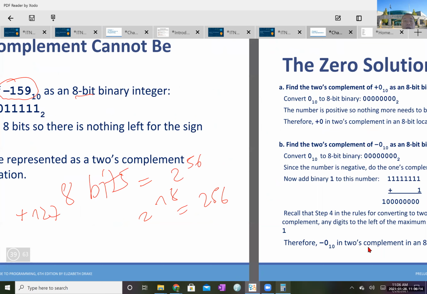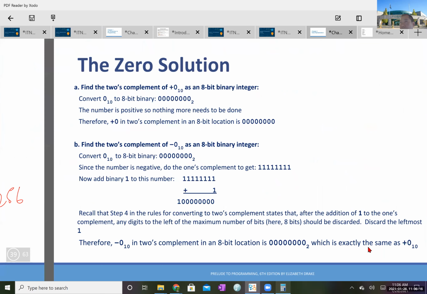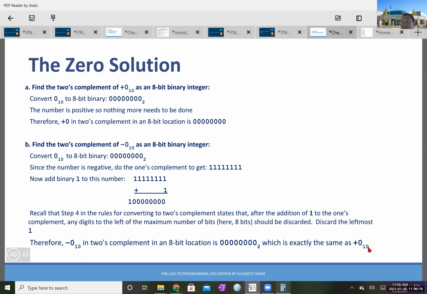Okay, so now think about the 0 solution, to see if two's complement can overcome the problem of two ways to represent the number 0. The first one is positive 0, and you know that for the positive, you do it normally: the sign is positive, and the value is all 0s.